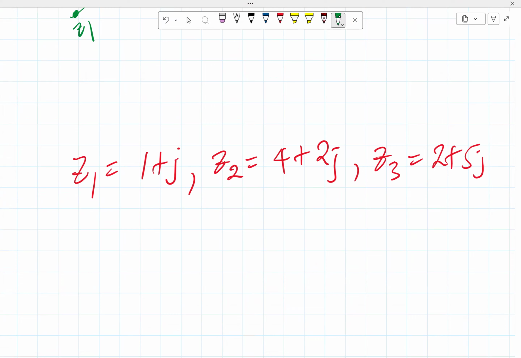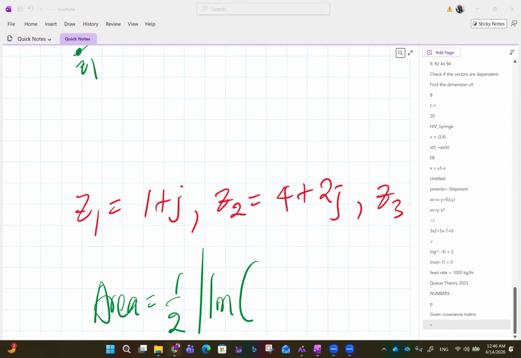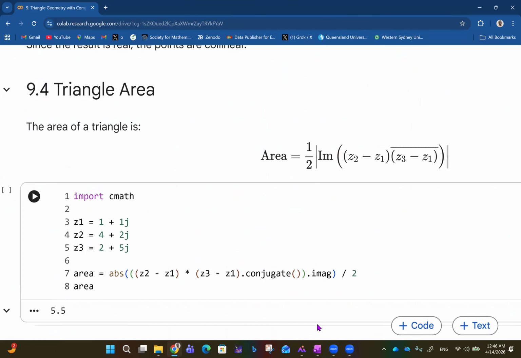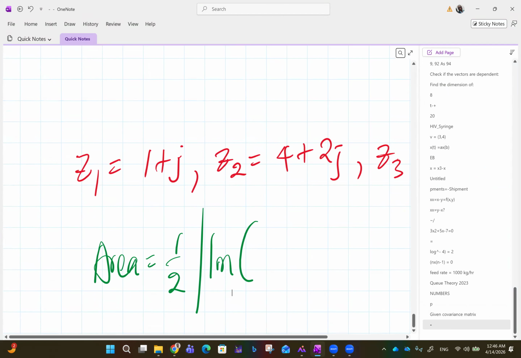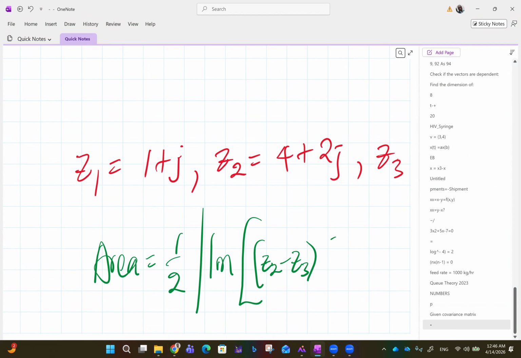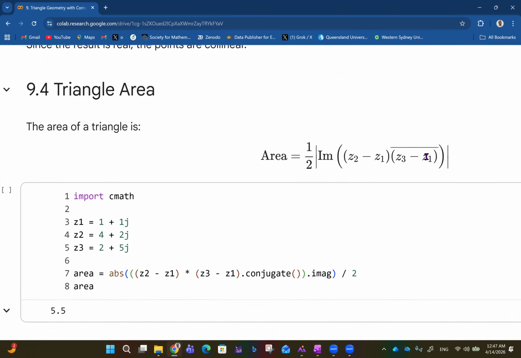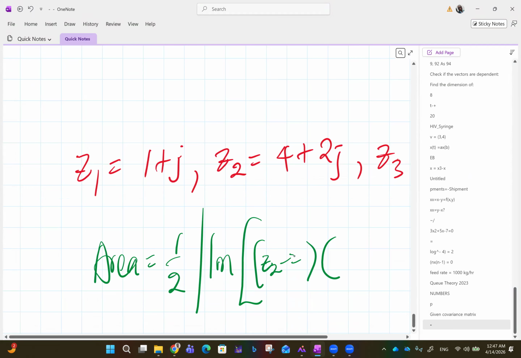I want to find the area, right? And we know the area here is equal to half of the absolute value of the imaginary part of z2 minus z1, then the conjugate of z3 minus z1.